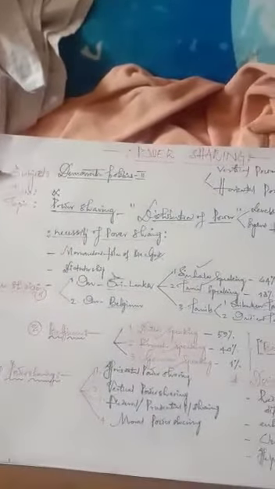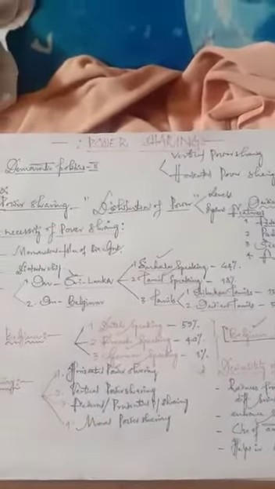Now, these are 2 case studies. After that, coming to the Indian context, we have broadly 4 types of power sharing. As I already told you, vertical power sharing, horizontal power sharing, and the third and fourth are other types of power sharing. These are the 4 types.